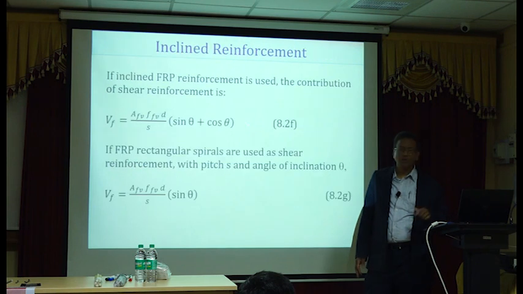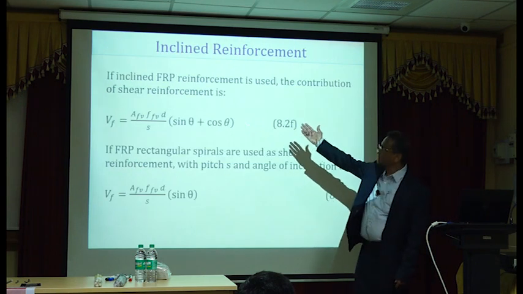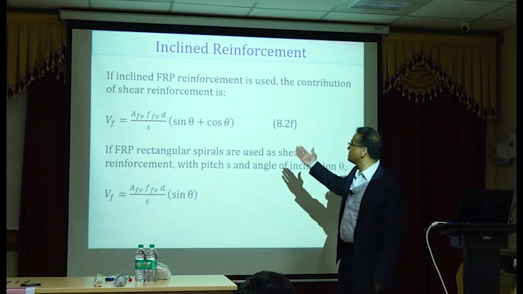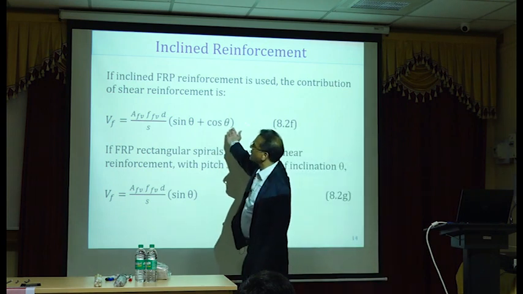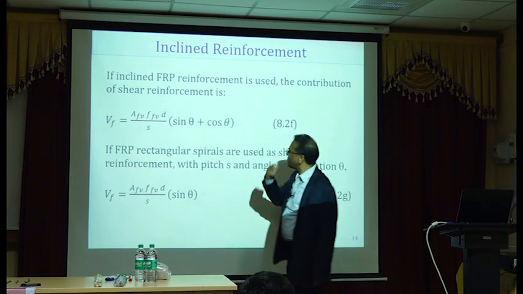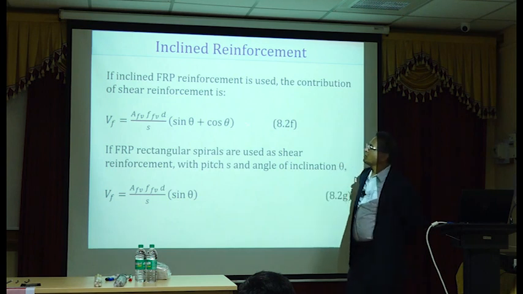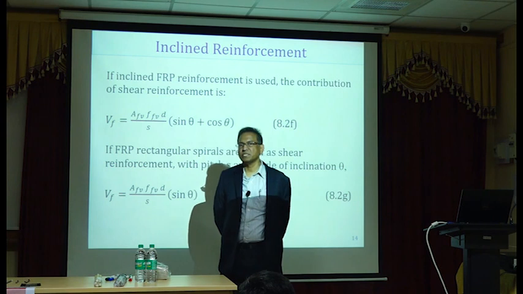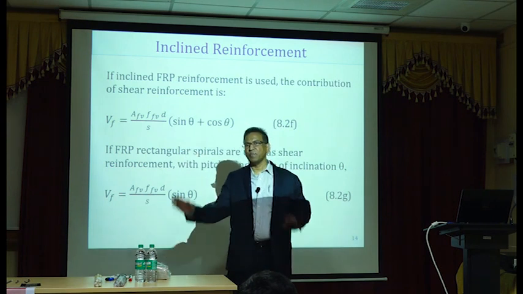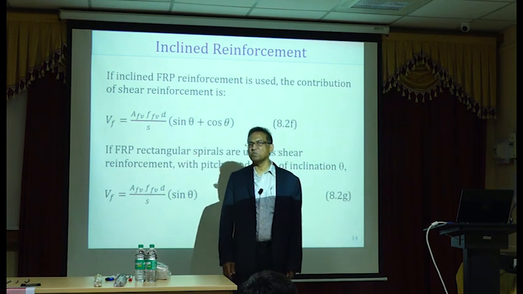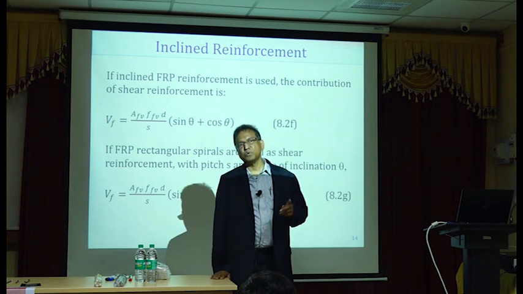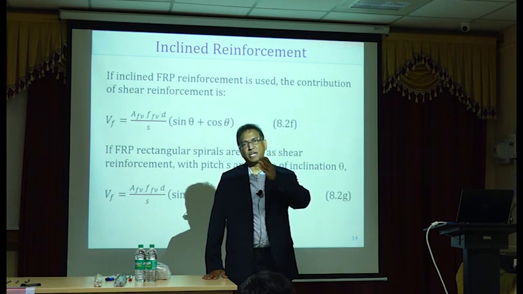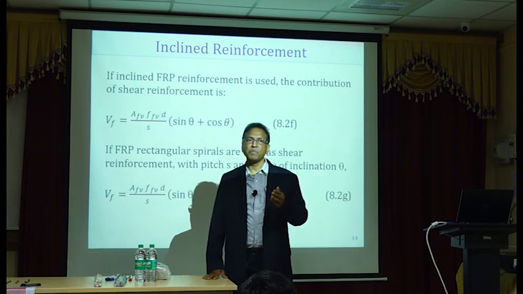So based on that, of course, if you have inclined bars, you can use that sine theta, cosine theta combination for your shear reinforcement. And how many of you are using any bent bars? Do you use any bent bars? Nobody uses these days, because it costs much more to provide a bent bar, at least where labor is very expensive.